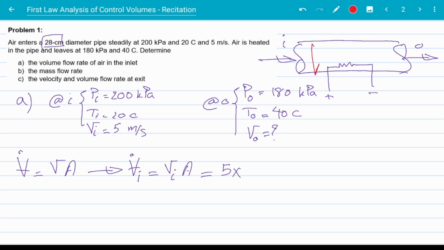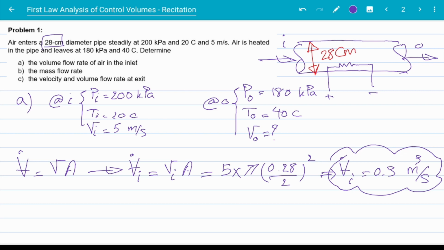It's a circle with a diameter of 28 centimeters, so that will be pi times d over 2, which is 0.28 over 2, squared. Doing the math, we get that the volumetric flow rate at the inlet is 0.3 meters cubed per second.